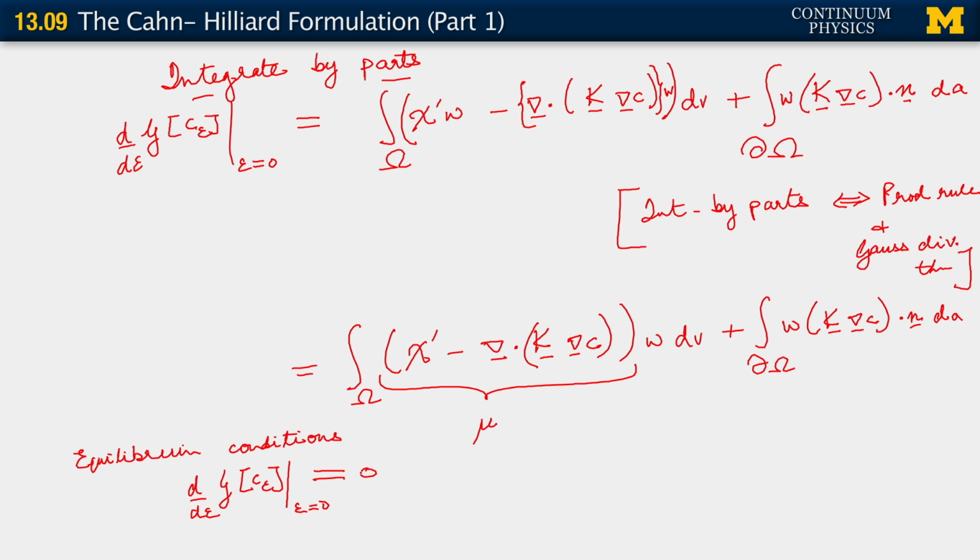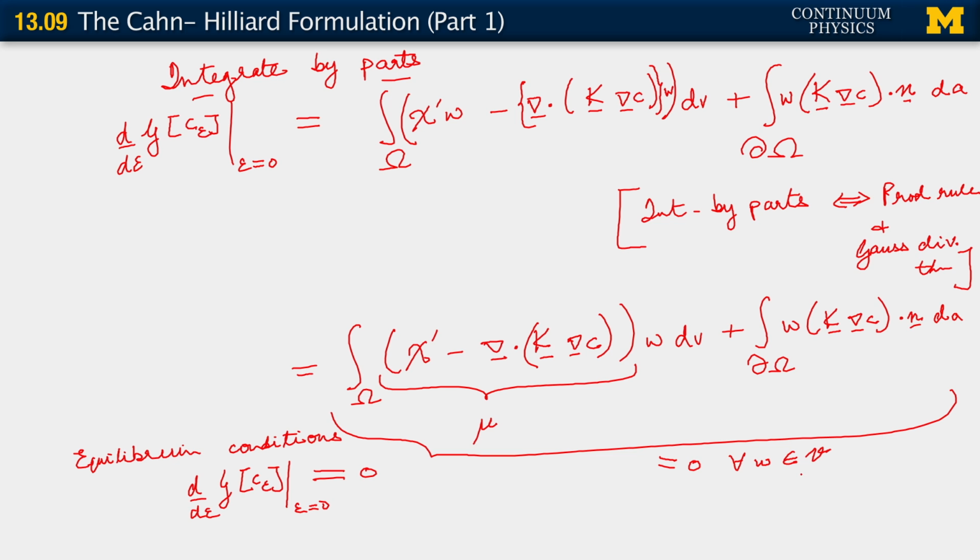Now, we say that all the integrals that we have on the right-hand side here have to be equal to 0 for all W belonging to V. We invoke the same variational arguments that we did before.